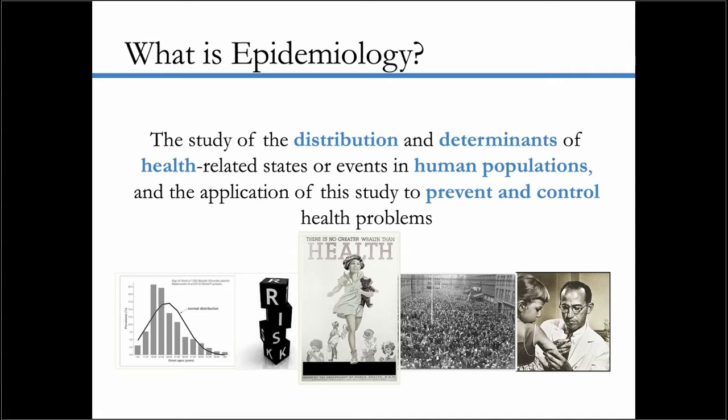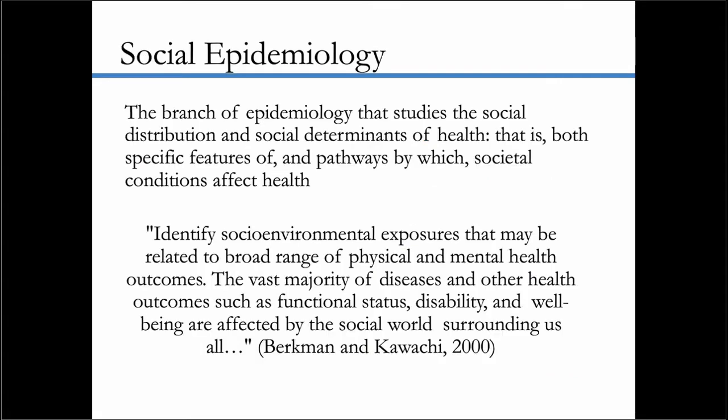Because much of what's defining the health of our communities and our populations are not our own individual behaviors, but rather how those behaviors and how our genes and how other things are impacted by these larger social and structural factors that are influencing our individual behaviors and our health, not only as individuals, but the health of our communities that we live in. So this is where social epidemiology comes in.